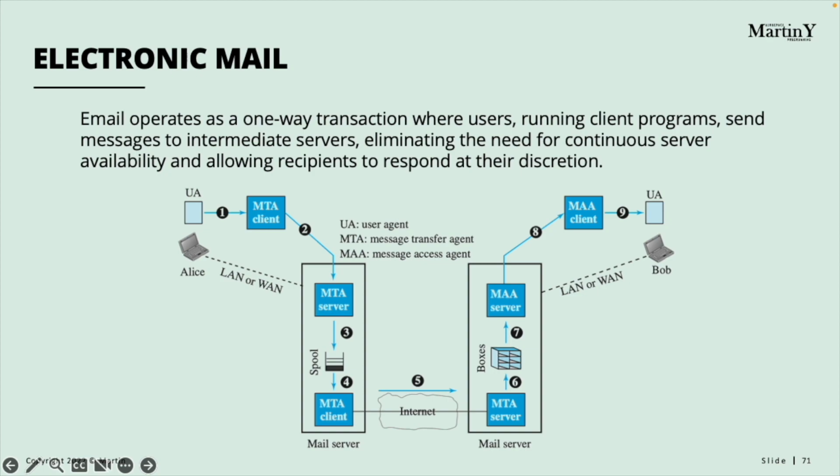So this is the whole idea of how you receive emails. You just need three request-receive client-server connections. And you should remember that the message transfer agent is a push agent, so we push the message, while the message access agent is a pull agent.